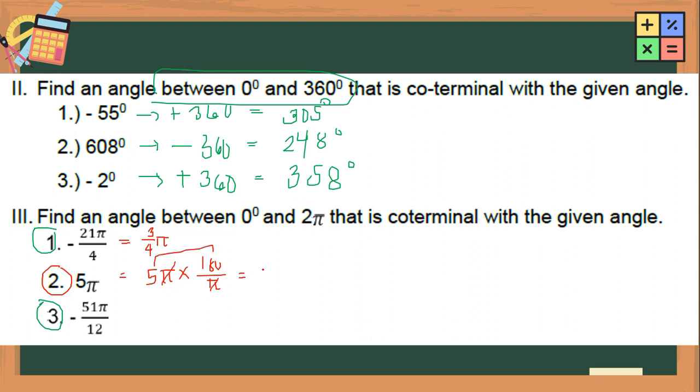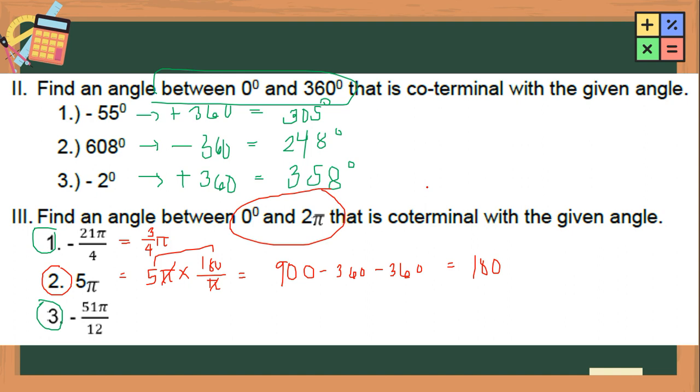What is 5 times 180? 900. So 900 minus 360 is 540. We need to subtract 360 twice. So what is the answer? 180. Isn't 180 between 0 degrees and 360 degrees?